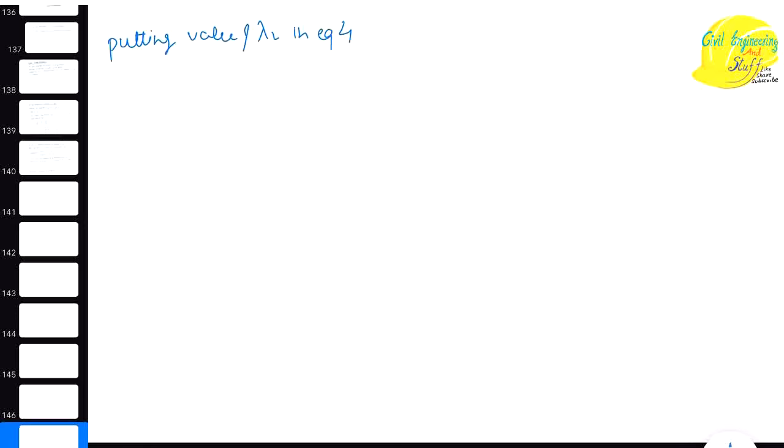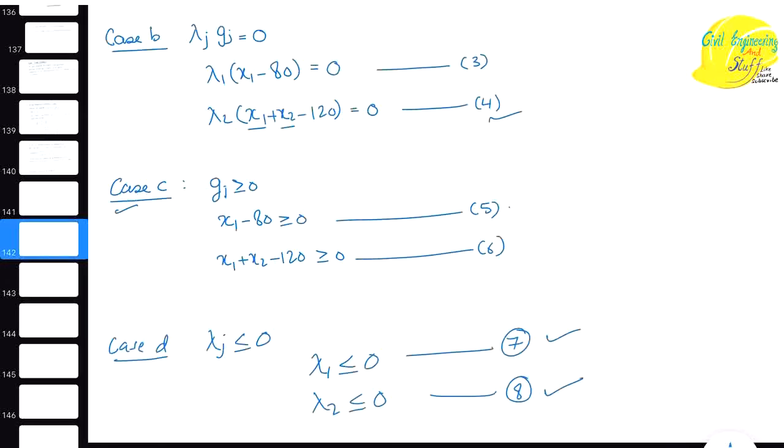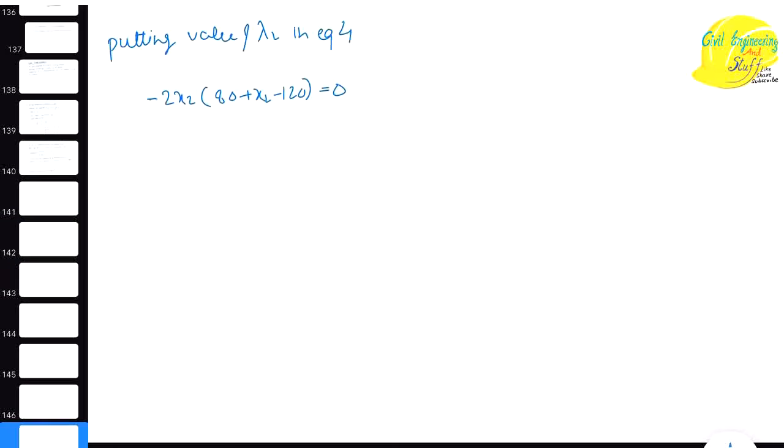So we'll have equation number 4 as, just putting the value, minus 2x2, then we have 80 plus x2 minus 120 is equals to 0. Okay, so this is our equation number 4, right? So it will be minus 2x2 x2 minus 40 is equals to 0.